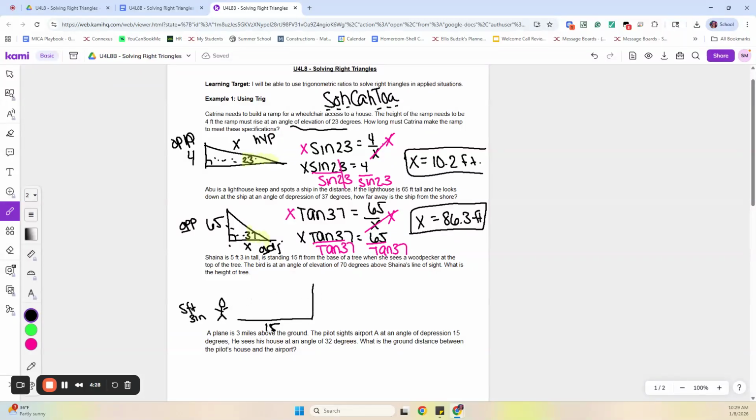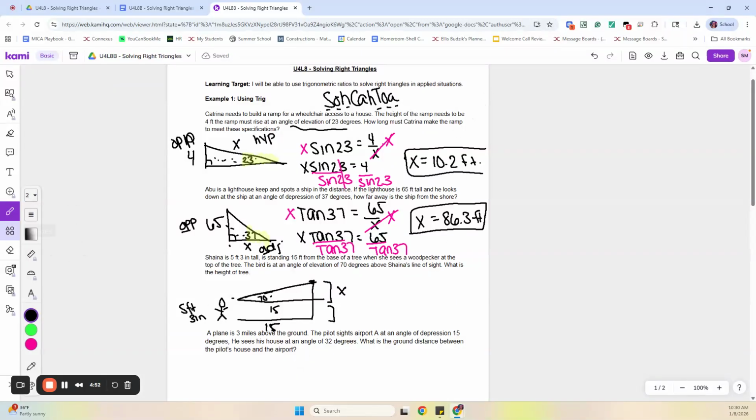So you got a bird over here. Shayna's line of sight is like here. Okay, so we got an angle of elevation, so this is still 15, of 70 degrees. What is the height of the tree? So what I can do right now is find this height and then add the 5 feet 3 inches after the fact.